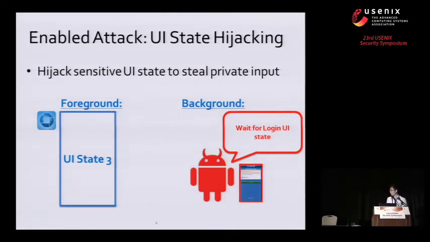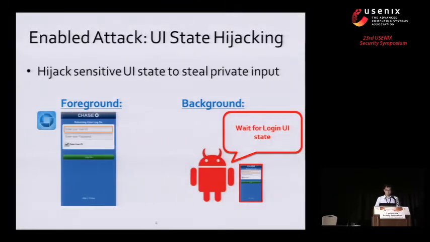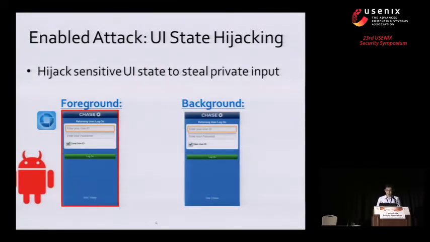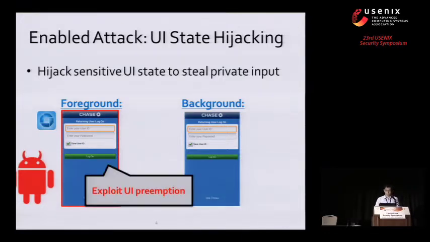So he also prepared a fake login UI state beforehand, just for the hijacking attack. Now the user is going to log in, and the attacker knows that because we can track the UI state. So the attacker now quickly injects this fake UI state into the foreground to do the hijacking.